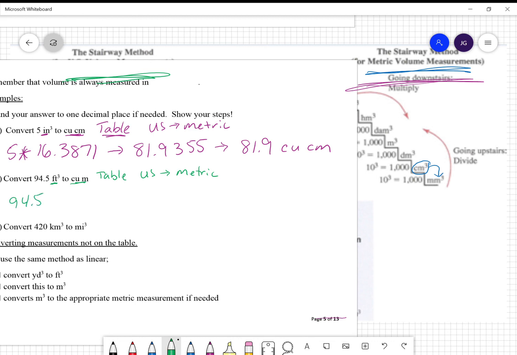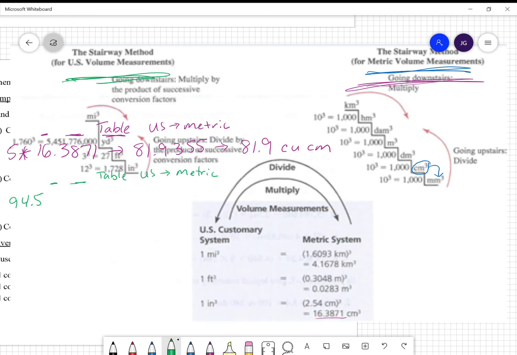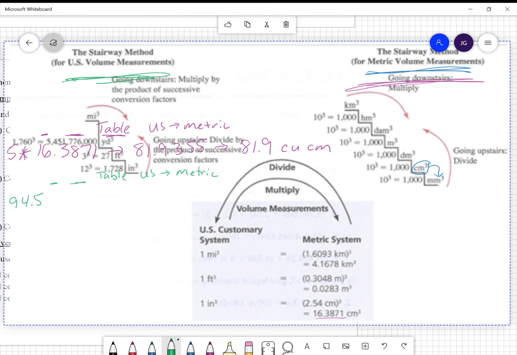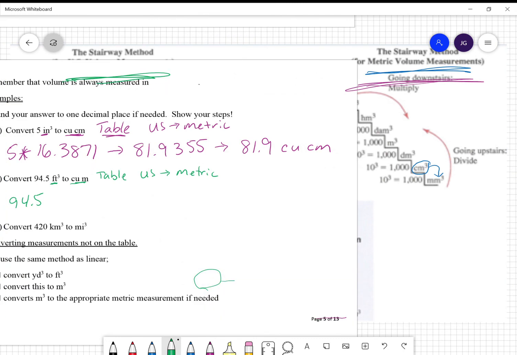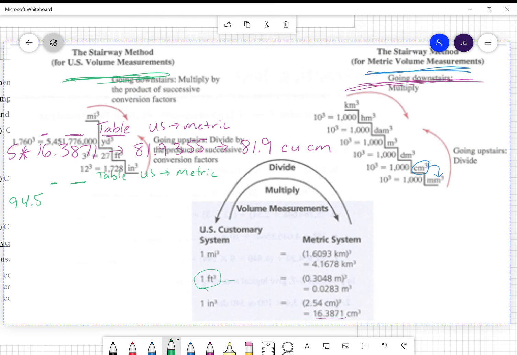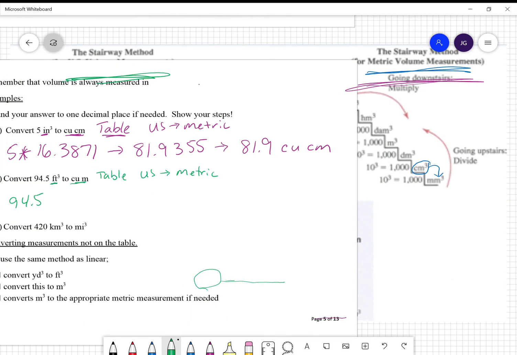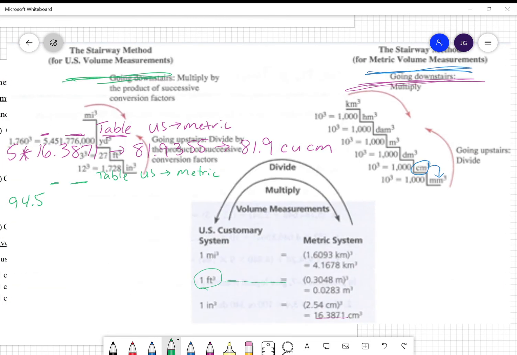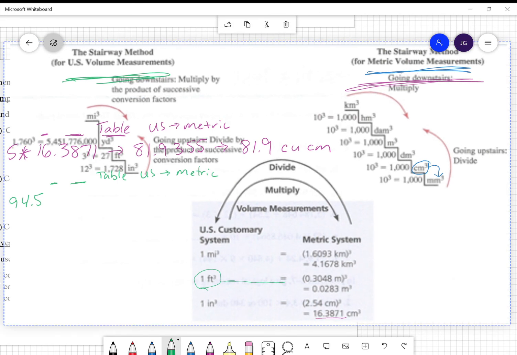I want to go from cubic feet to cubic meters. If we're lucky, there's a straight conversion like the last problem. Okay, I've got cubic feet, but that's going to convert to cubic meters. It's not what I want to end up with, but it's a start.